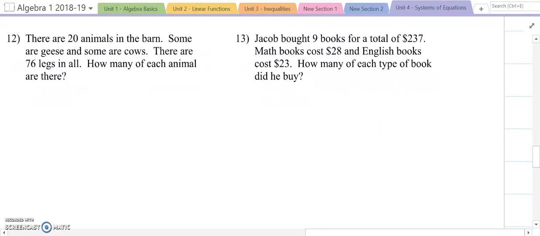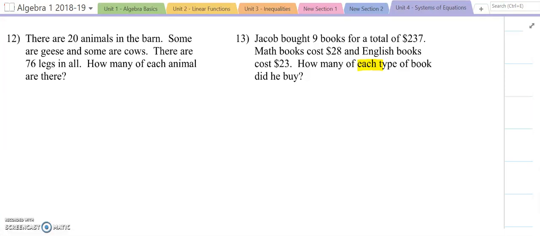My man Jacob bought 9 books for a total of $237. Seems too easy at that point. Math books cost $28 and English books cost $23. And I want to know how many of each type of book did he buy.